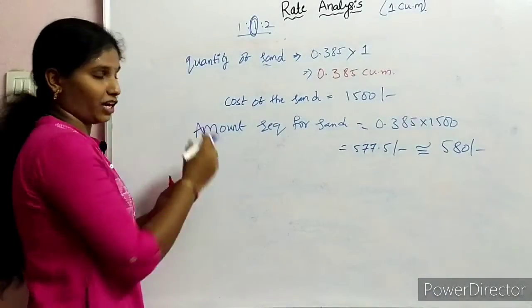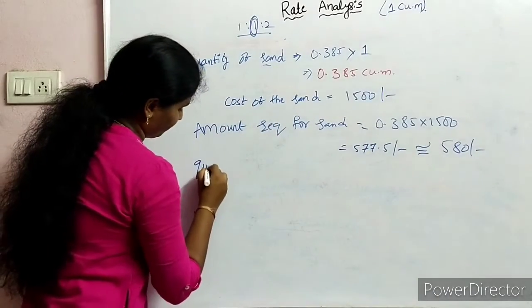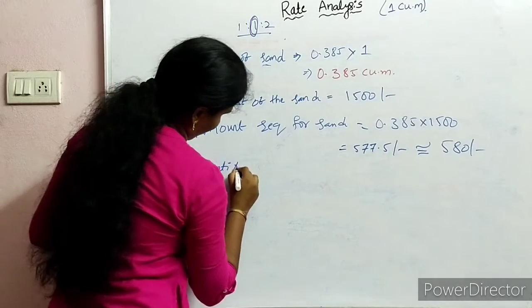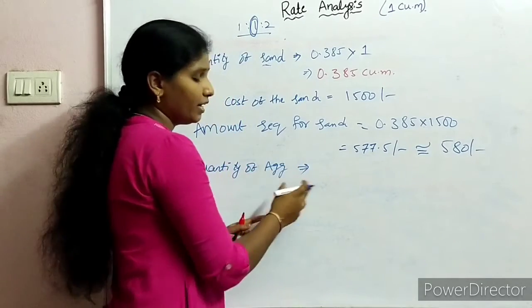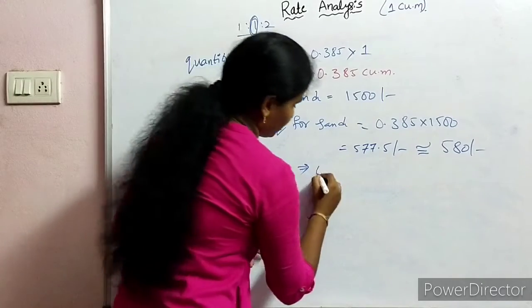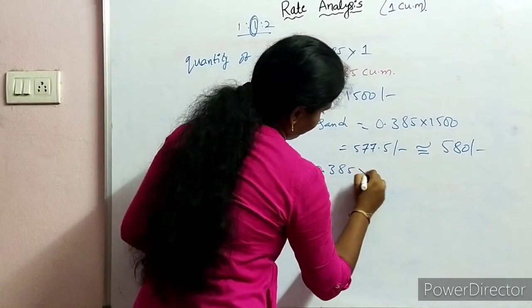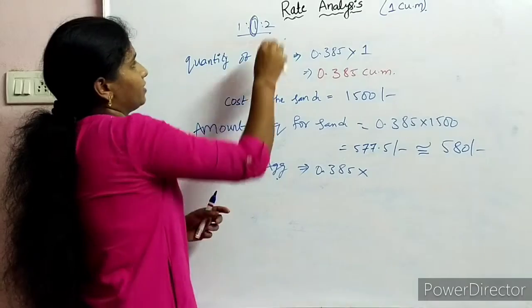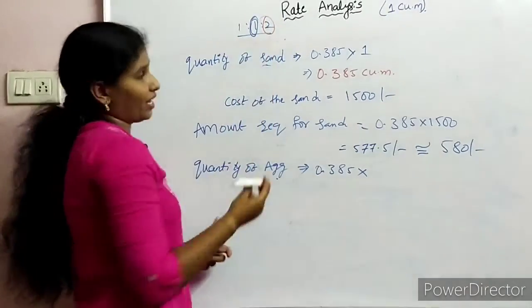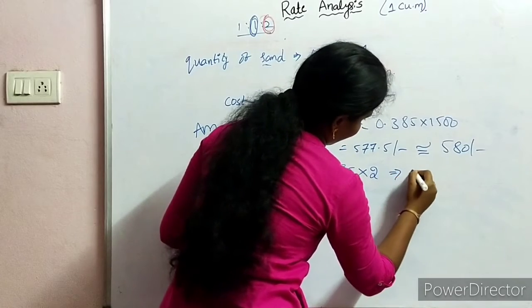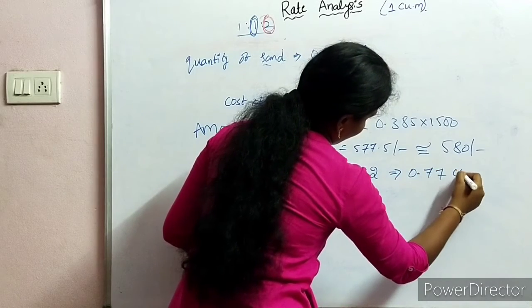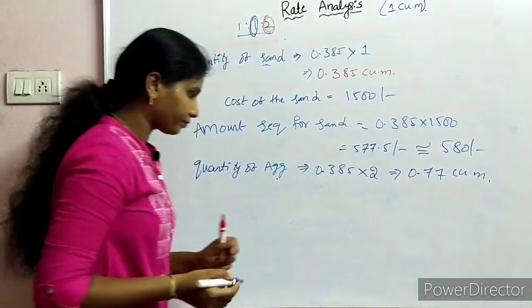Now we are calculating the quantity of aggregates. The quantity of the cement is 0.385 into the proportion of the aggregates, which is 2. So we are multiplying with 2, then we will get 0.77 cubic meter.